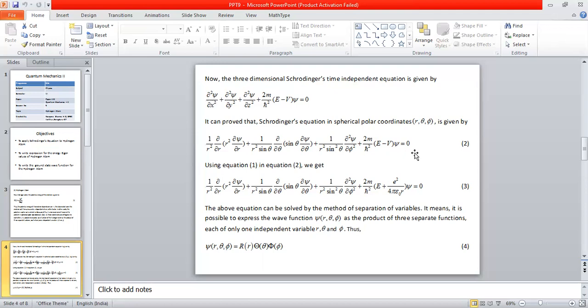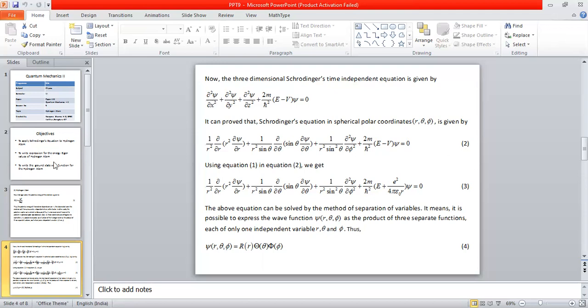This is what we get once we express the equation in terms of spherical polar coordinates. We need not worry about the derivation or reduction of this equation. The mathematics we are not interested in here. But in terms of spherical polar coordinates, the Schrödinger equation is given by equation 2.